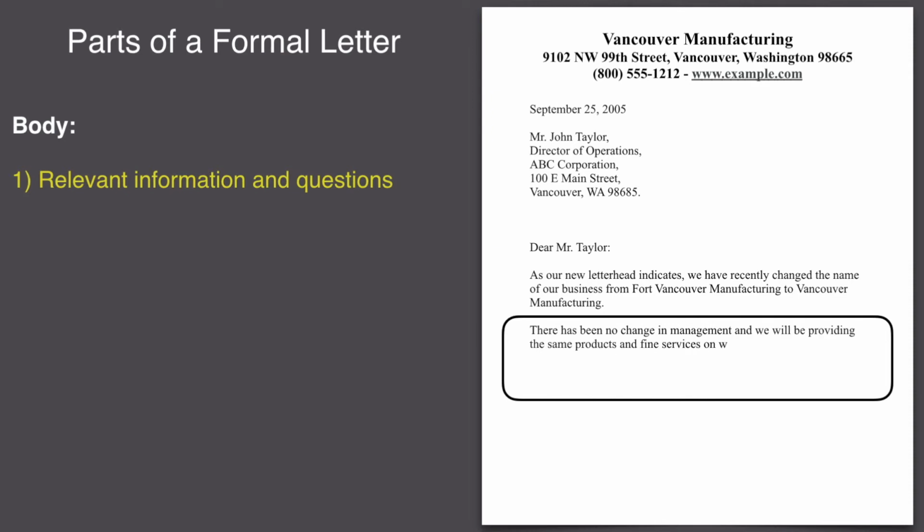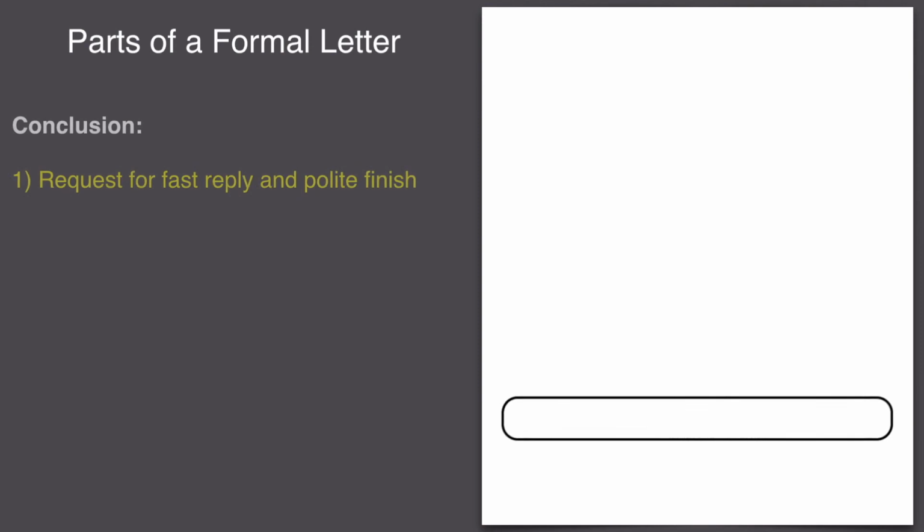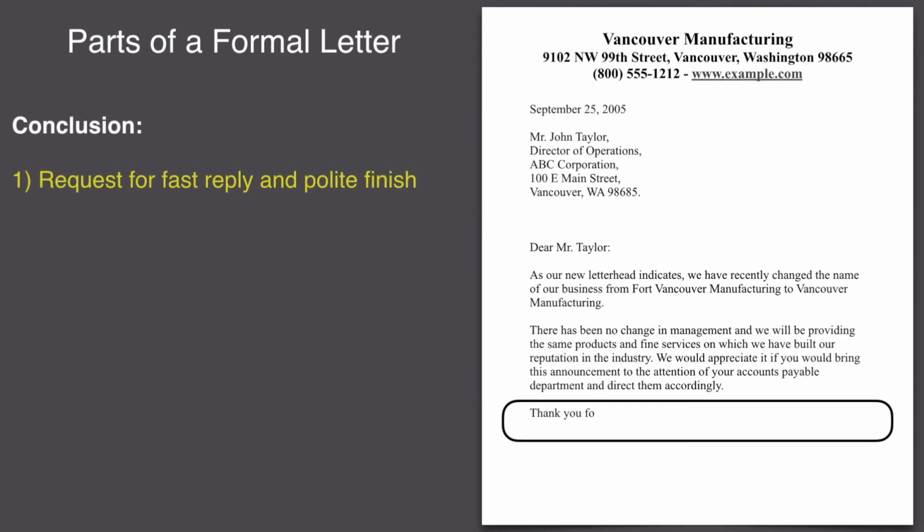Okay, so opening would begin with the clear reason for writing, and thereafter you have the body. So once the opening is done, we will leave one space and start a new paragraph with the body, where we will mention the relevant information and any questions that will be addressed. So in this case here, the example is given of how the relevant information has been given. After that, next we have the conclusion, that is where we request for a fast reply or a quick action, along with a polite finish.